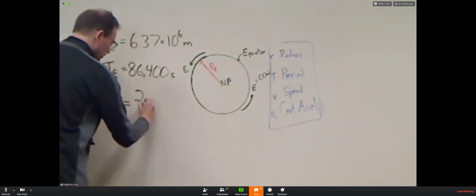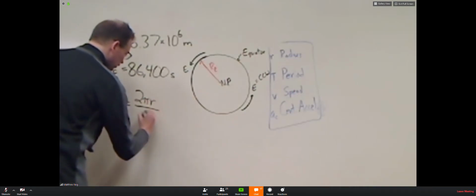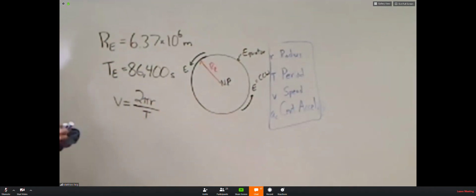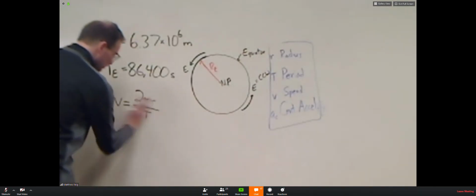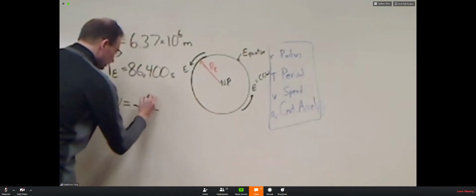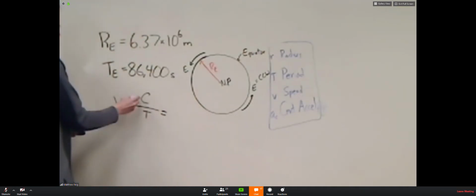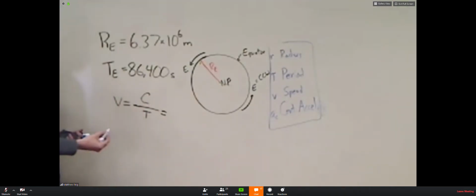So what is the velocity? Here's the first equation: 2 pi r over T. Distance traveled is circumference. Circumference over period: distance for one rotation divided by time for one rotation.